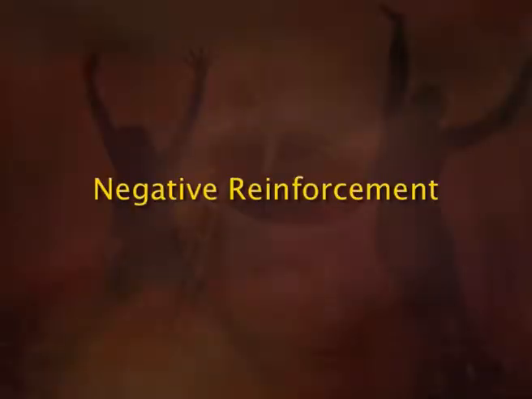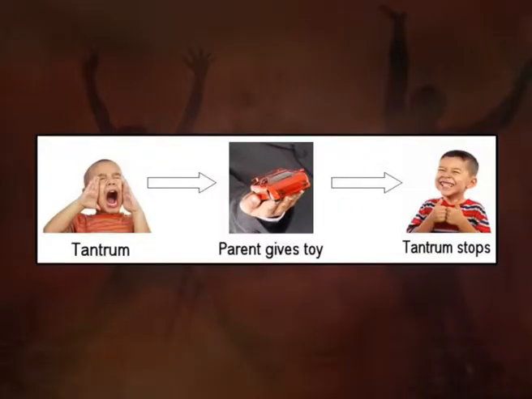Coming to negative reinforcement. Negative reinforcement is taking something negative away in order to increase a response. For example, in this picture you see the child is an autism child. He is throwing a temper tantrum, and negative means taking away something undesirable to increase a positive response. In this particular example, the child's tantrum is being replaced by the parent giving a toy.